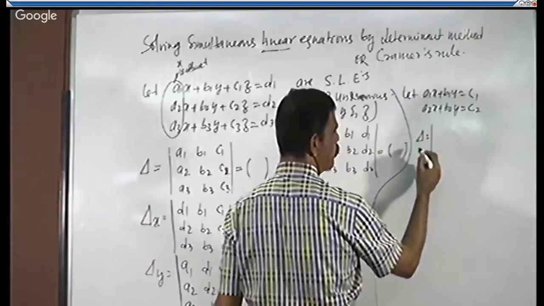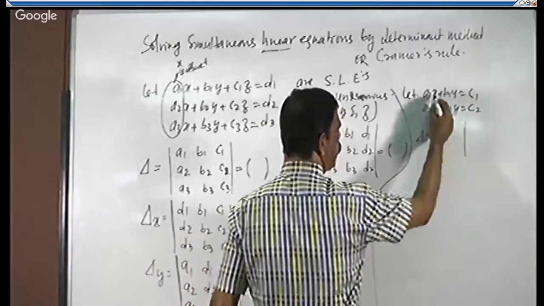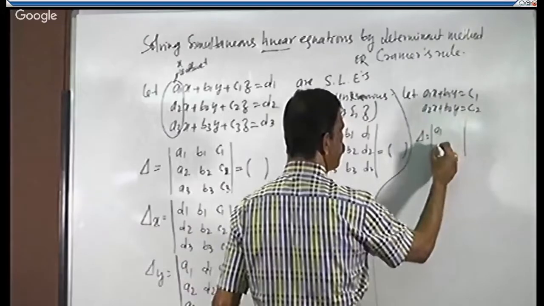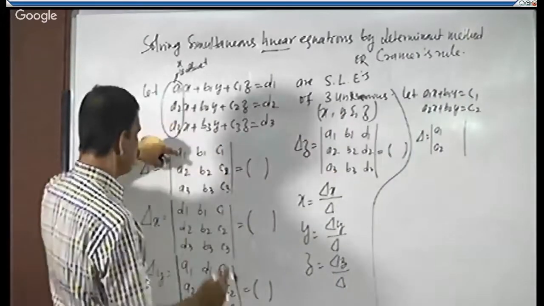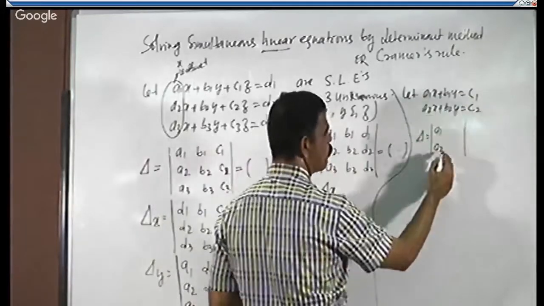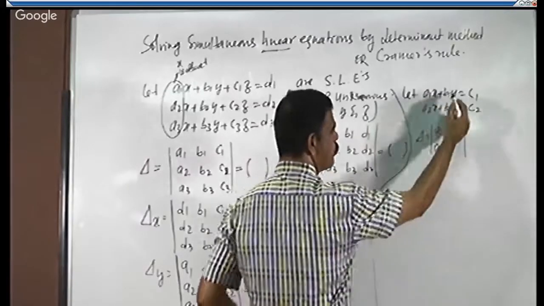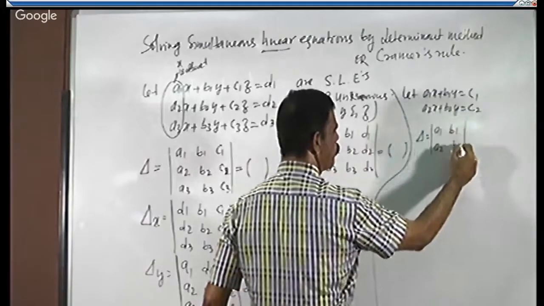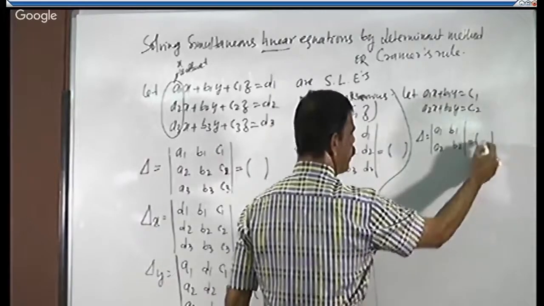Delta is what? Similar to these equations, we get only a 2 cross 2 determinant because we have only 2 unknowns. For 3 unknowns, we get a 3 cross 3 determinant. For 2 unknowns, a 2 cross 2 determinant: a1, a2, the x coefficients, b1, b2, the y coefficients. Expand it, you will get some value.